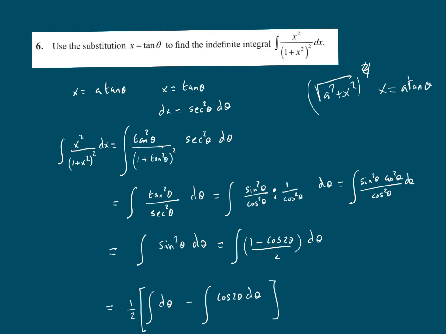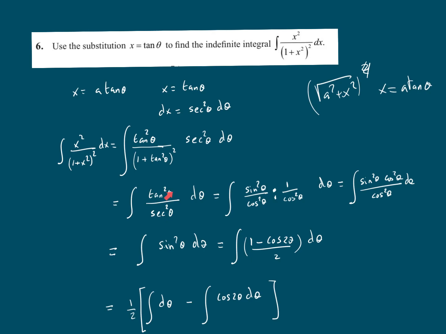So what is 1 plus tangent square of theta? Secant square. Secant square, squared. Oh, secant square squared is secant 4. Yes, it's secant 4. So secant 4 in the denominator, and the secant square in the numerator will cancel part of it.